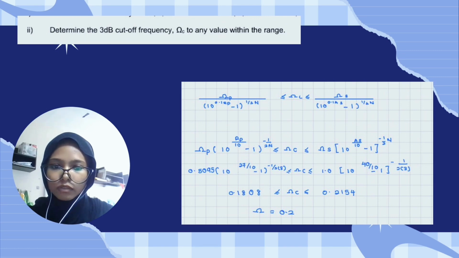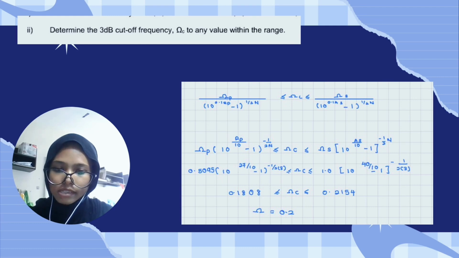Now let's move on to part 2 of the assessment, where we need to determine the 3 dB cut-off frequency, omega c. In the filter, omega c must be selected within a range that satisfies both the passband and stop band attenuation requirements.